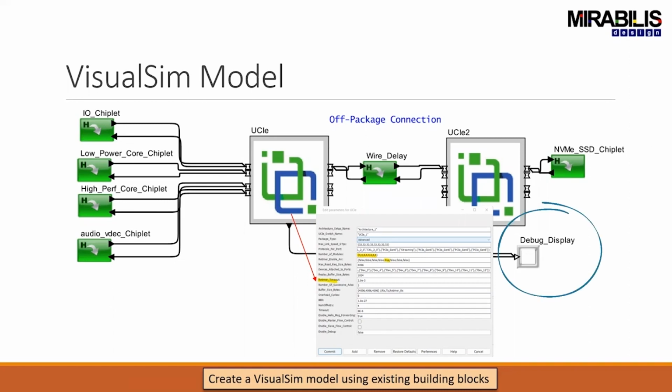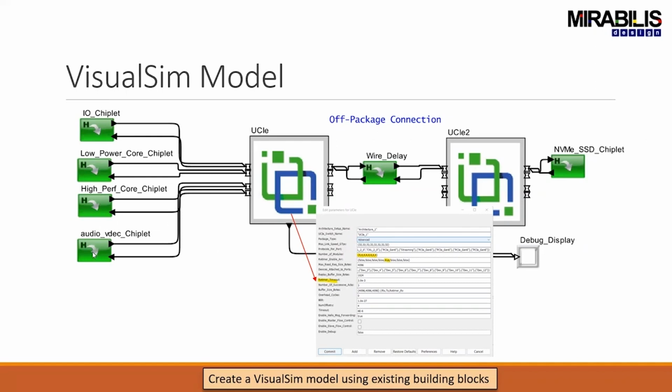So enabling debugging provides you all of that information in a mechanism that you can quickly read and understand if you had a performance issue or a power issue, what was the cause of it. So that debug provides you that information. There's also an extended wire delay, especially for those that are off-chip connections. So this is between two UCIe based dies.